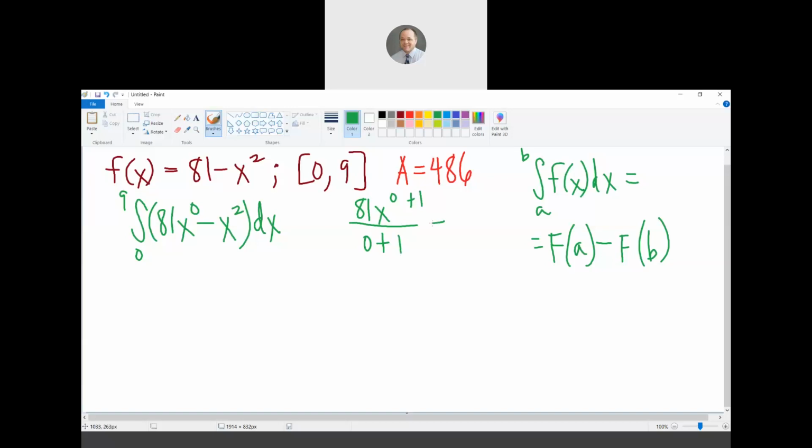All right, the next term, do the same steps. We'll add 1 to 2, and instead of multiplying, we'll divide by our new exponent. So when we simplify, we get 81x minus x cubed over 3.